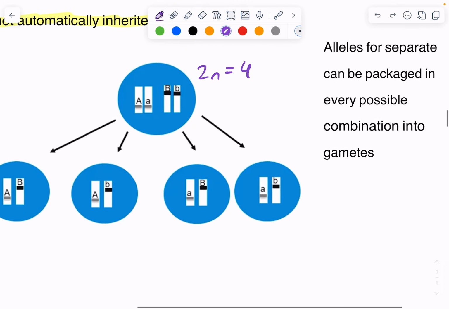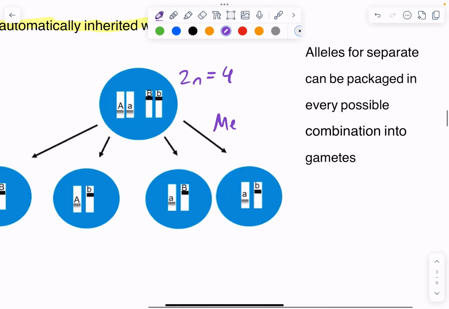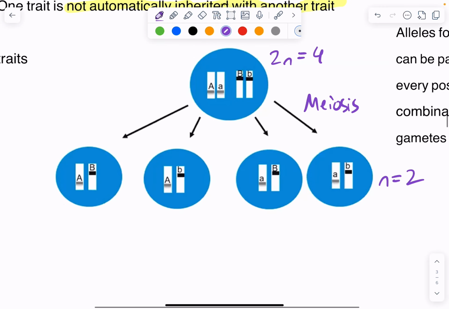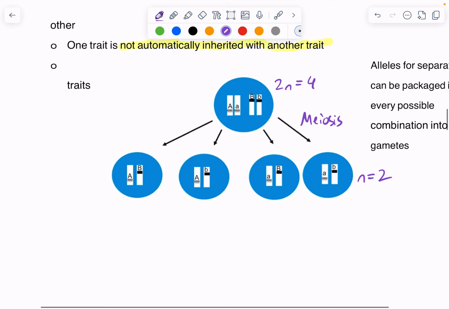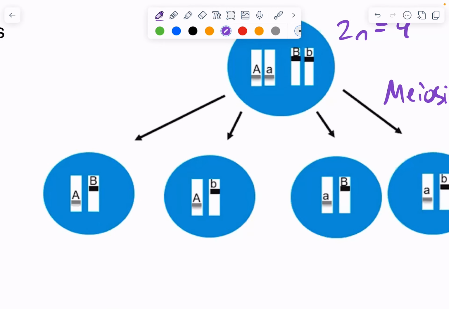And so from meiosis, right, this is meiosis. At the end of this, each one should be n equals 2. Right, we no longer have homologous chromosomes in each one, and there are 2 chromosomes. And so this is where we want to keep thinking about these chromosomes and these genes that are found on them. But we can see that A and B have no relations to each other.